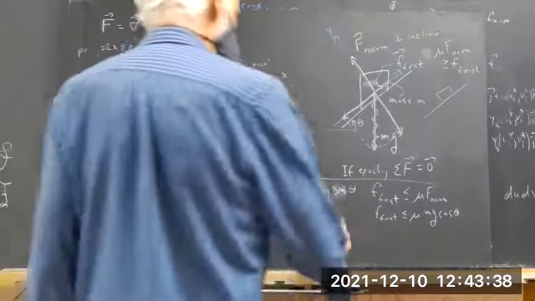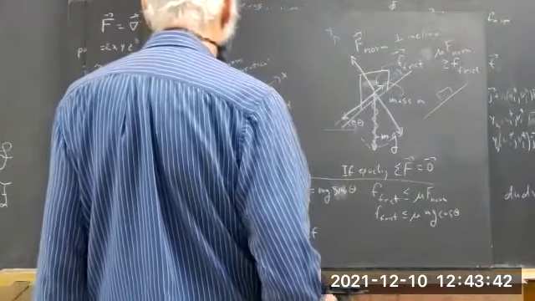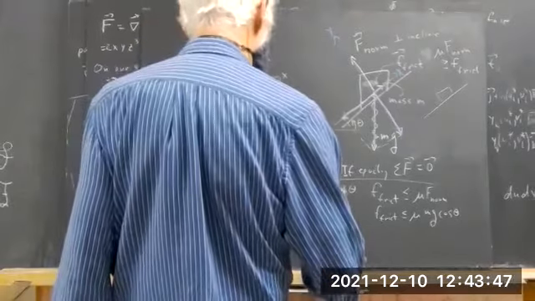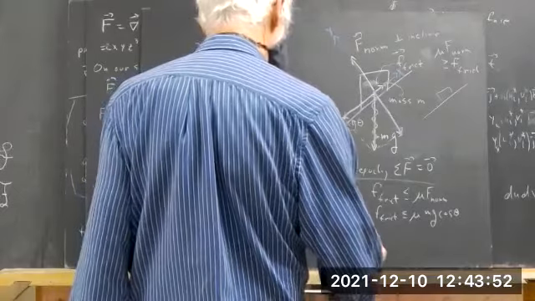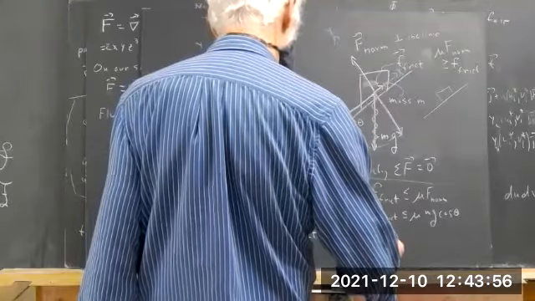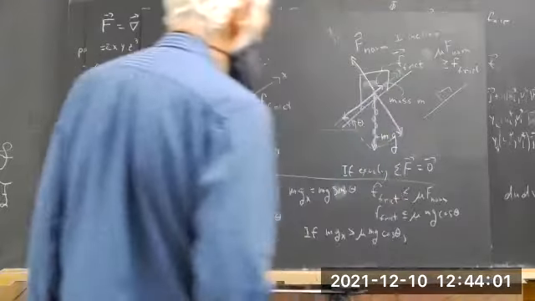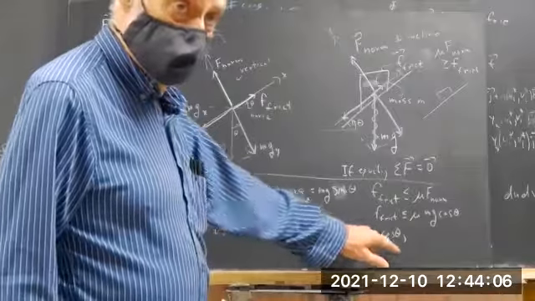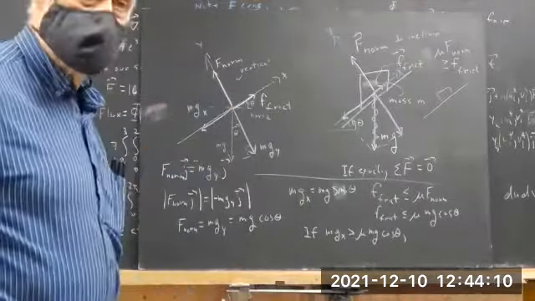Okay. If mgx is greater than mu mg cosine theta, that means this force is greater than the force friction can exert.